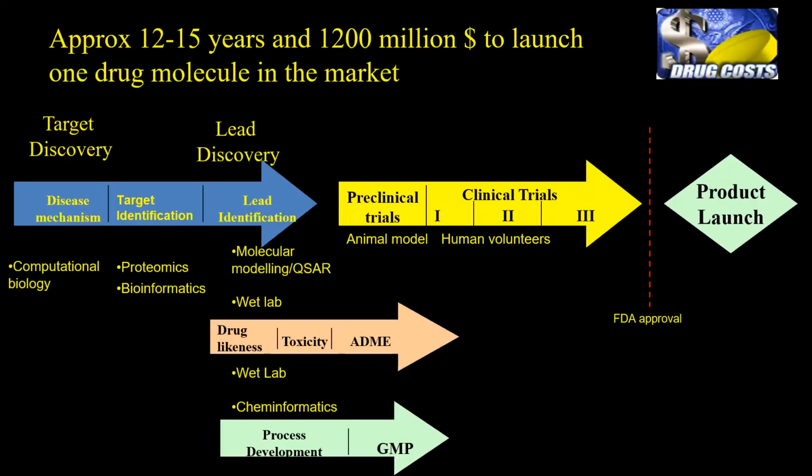Okay, this is an interesting picture. Here I mentioned the clinical trials, the human volunteer trials, phase 1, phase 2, phase 3. Before clinical trials, generally they are tested on rats, mouse or guinea pig.